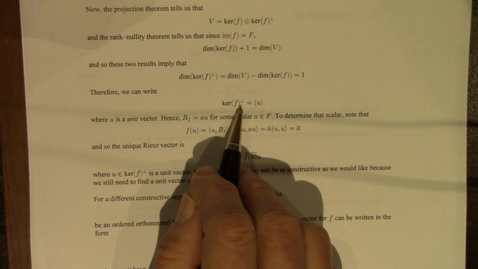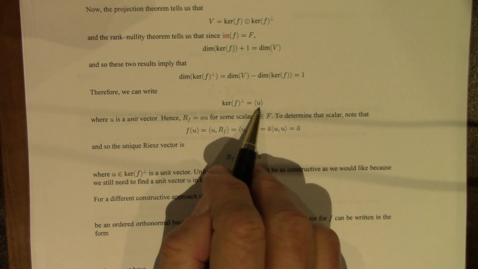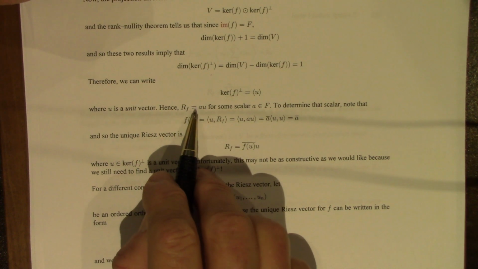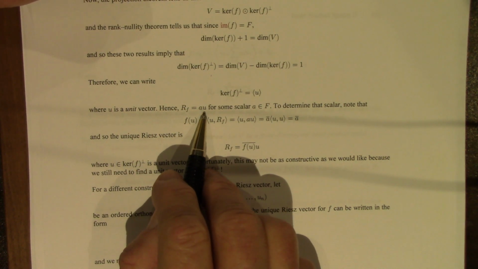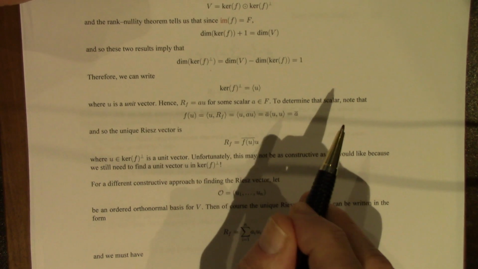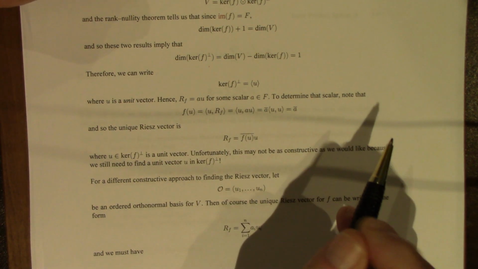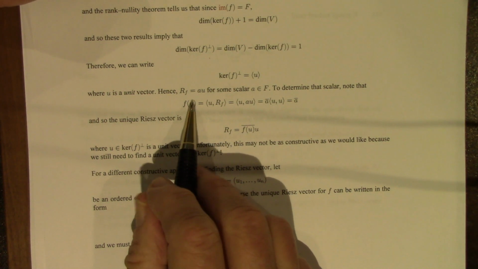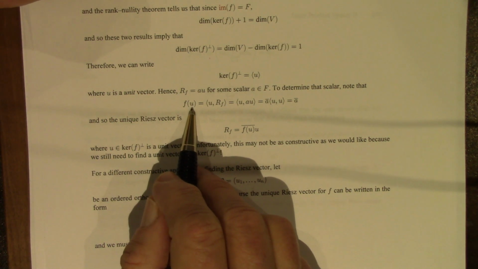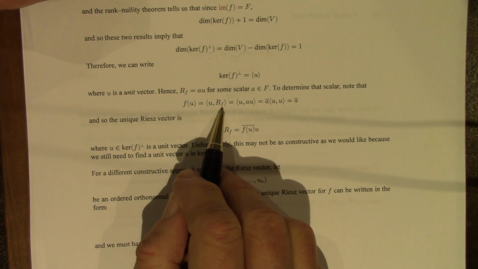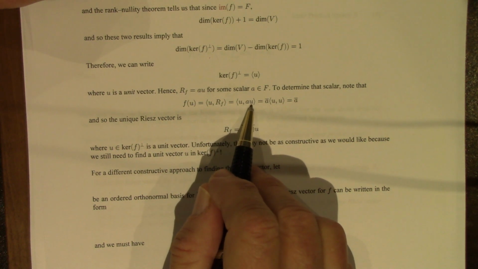So we can write the kernel of f perp as the subspace spanned by a single vector, and we can make it a unit vector for convenience. And so the Riesz vector is some scalar multiple of this unit vector U. All we have to do now is figure out what the scalar is. Well, a simple computation: f of that vector U is, by definition, U inner product Riesz vector, but now the Riesz vector is aU.